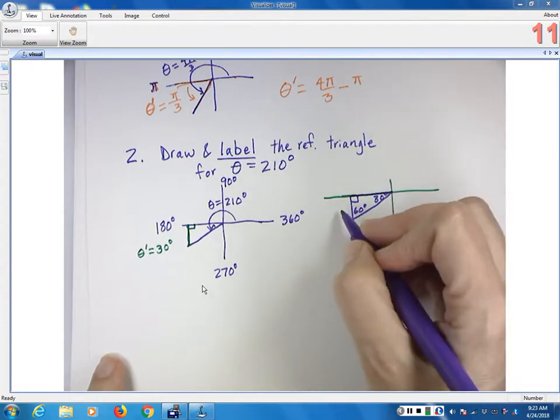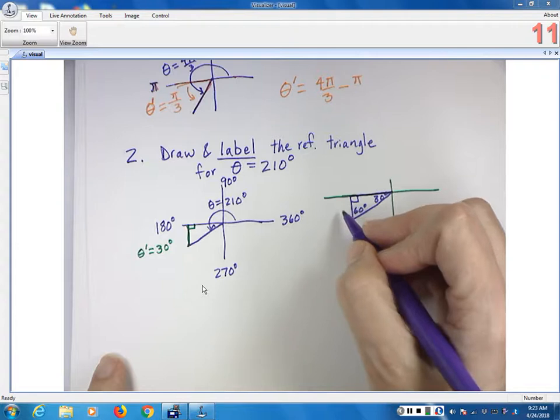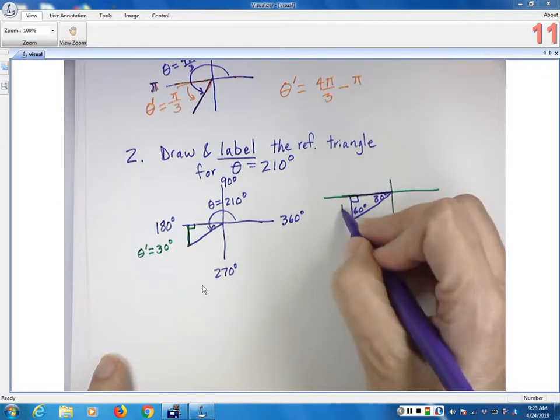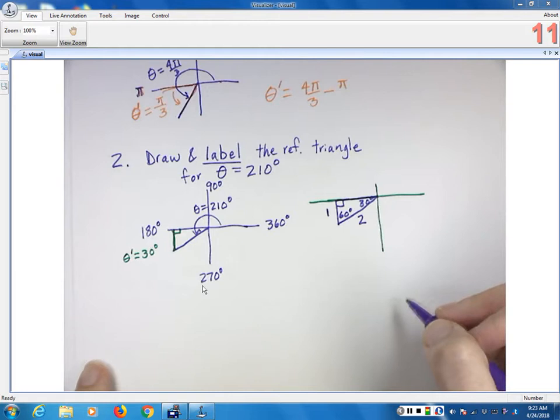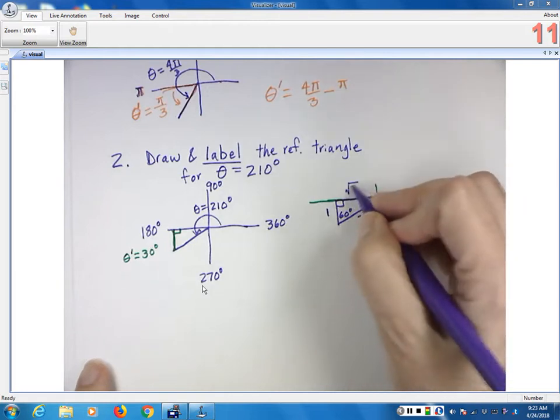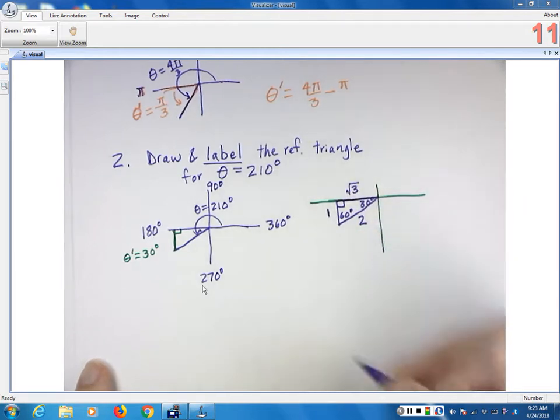I'm thinking of the unit circle, so 1/2. So if this is 1, then this is 2, and this is the square root of 3, or you could use the Pythagorean theorem to find that that's the square root of 3.